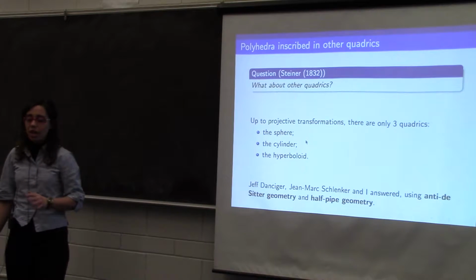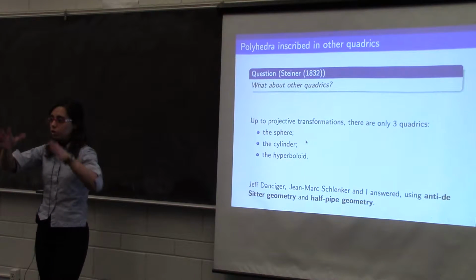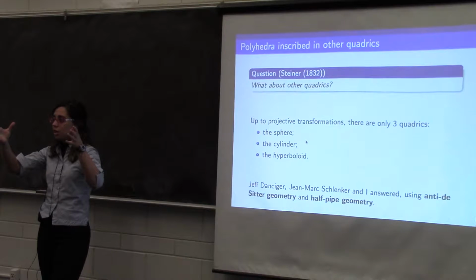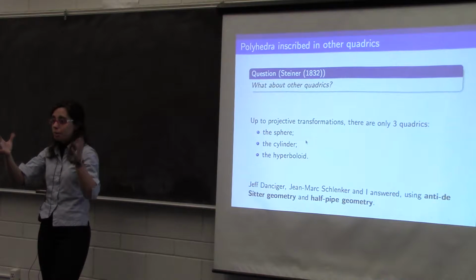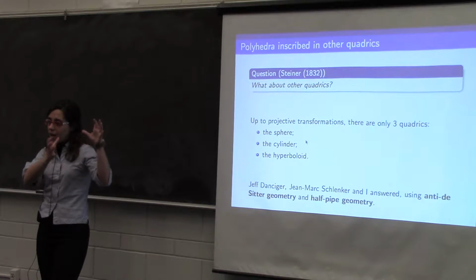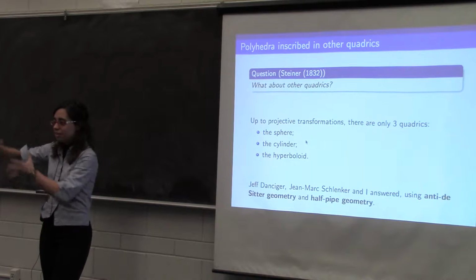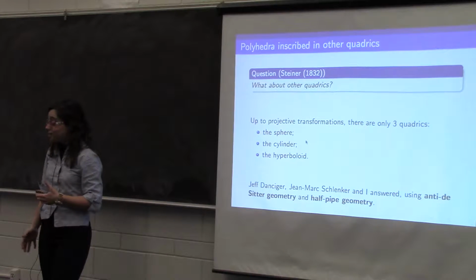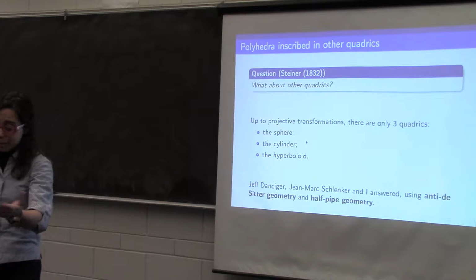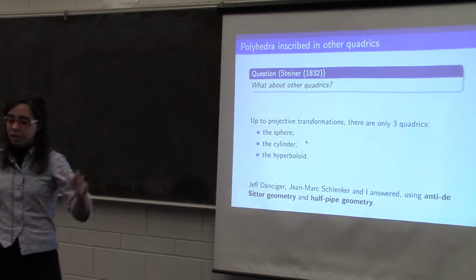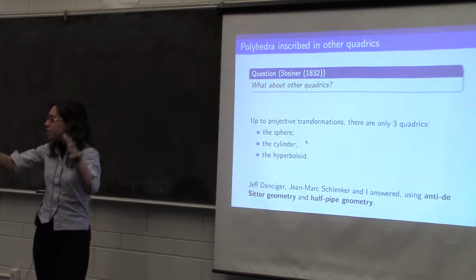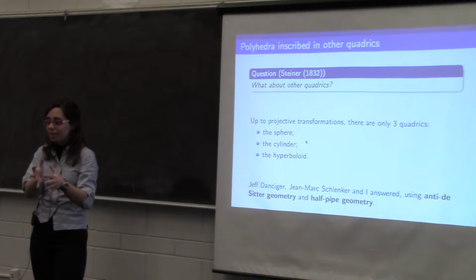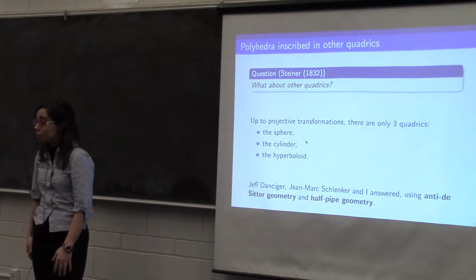I will introduce everything, but you should think of anti-de Sitter geometry as a Lorentzian analog of hyperbolic geometry. I will explain how you can translate from one geometry to the other. In fact, you will see half-pipe geometry as a limit of anti-de Sitter or hyperbolic geometry.